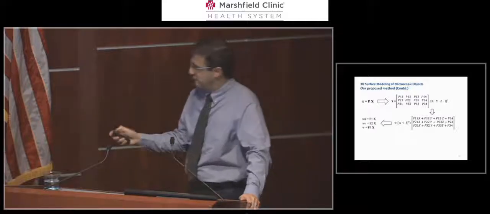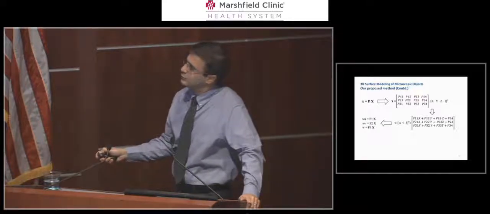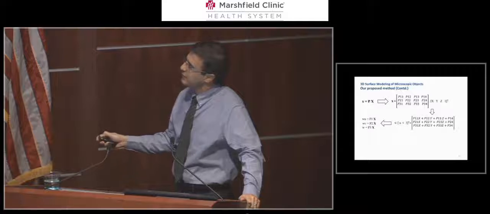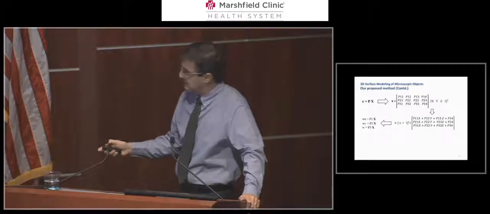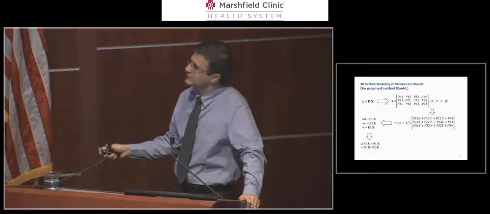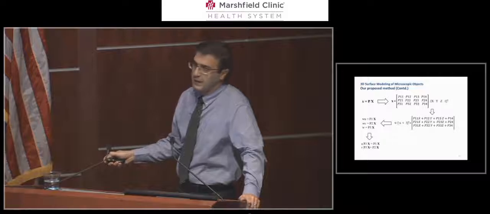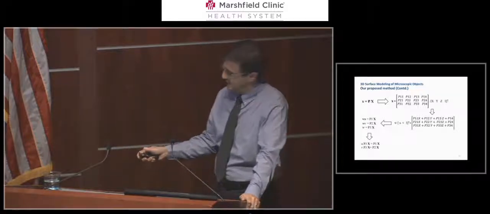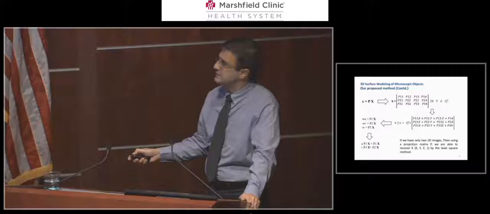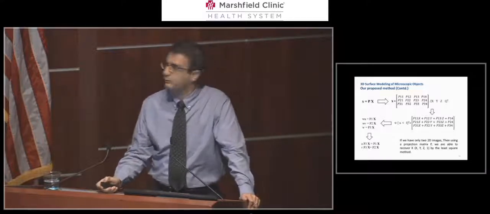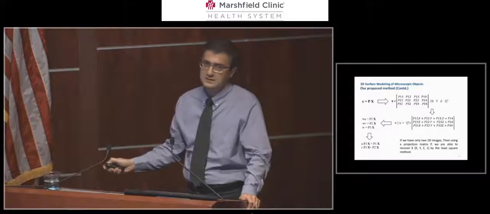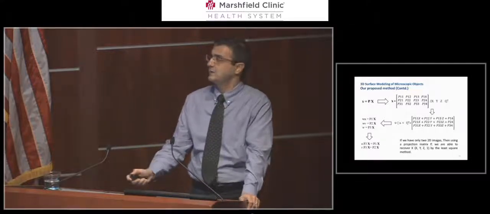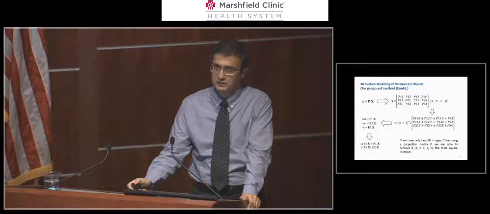So we will have these equations: w u equals P1 X, which is the first row of the matrix, w v equals P2 X, the second row, and also w equals P3 X. So we can convert these to this one. And having such an equation, we can utilize the least squares method to find the values of x, y, z. So we can get the location of the 3D point.